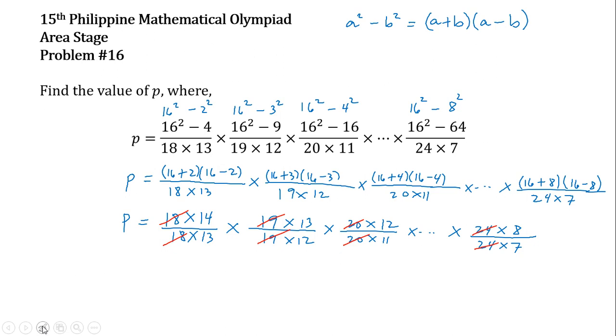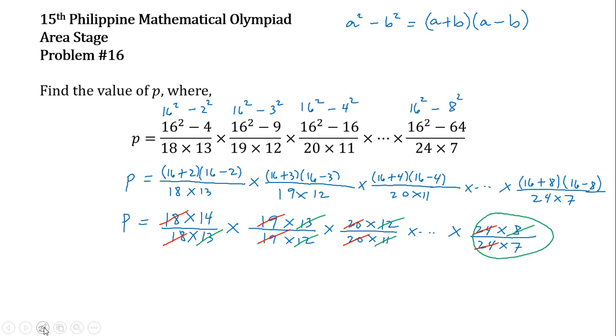So cancel 13, cancel 12, cancel 11, cancel 8. Before this component, there's another fraction that contains 8, that's why we cancel 8.